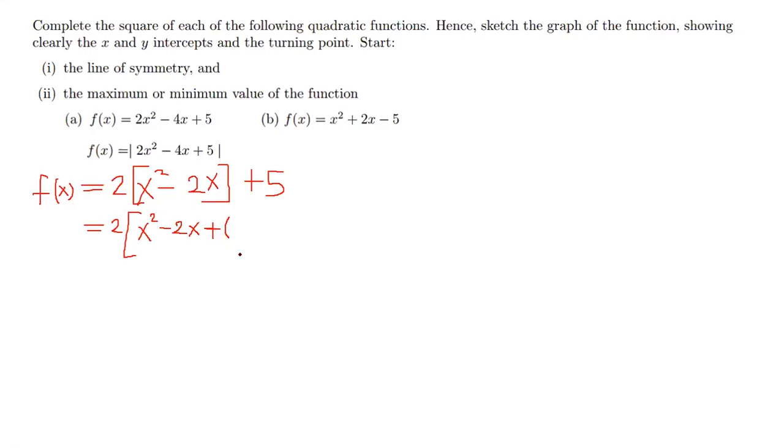So what I'll write here in the brackets is half of negative 2. What is half of negative 2? Half of negative 2 is negative 1. I'll write it like that, and I'll square. And then I'll subtract this same thing again, which is negative 1 squared. And then I'll close the brackets, and then I'll write my 5 outside like that.